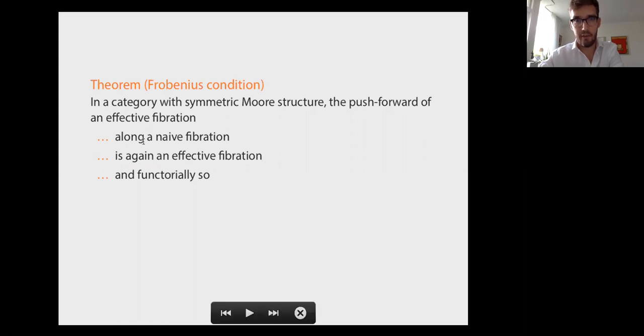And another thing is that our result of pushforward actually says that if I push forward along a naive fibration, then I get an effective Kan fibration. And naive fibrations are more general than effective Kan fibrations. So in that sense, it's a stronger result for simplicial sets as well.